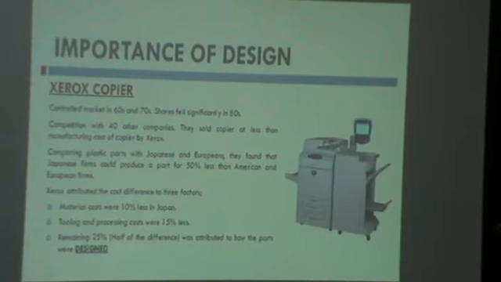Comparing plastic parts with Japanese and European, they found that Japanese firms could produce a part for 50% less than American and European parts. So Europe attributed the cost difference to 3 factors. Material costs were 10% less in Japan, tooling and processing costs were 15% less in Japan, and remaining 25%, half of the difference, was attributed to how the parts were designed.